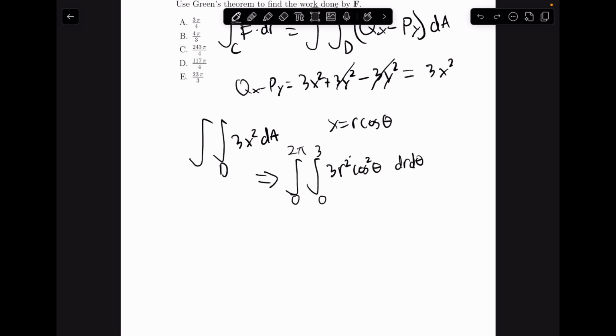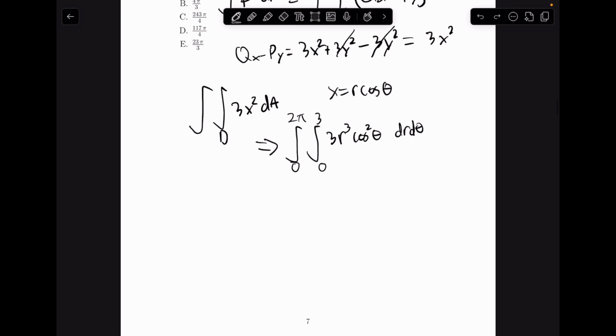Not the nicest integral because we have some cosines squared, but I guess I'll work through it. I noticed that we don't have any thetas inside the bounds. So we can represent this integral as a product of two integrals, one in r and one in theta, because when we evaluate the r integral, it's not going to have any theta dependence.